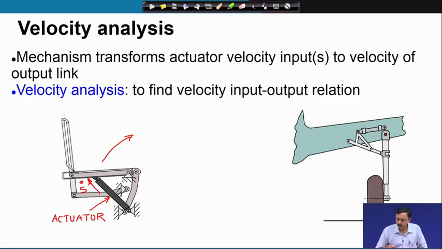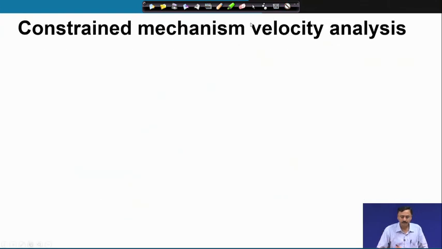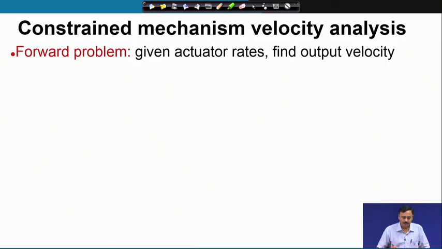If I want to know at what rate this hydraulic actuator must expand, so that I have a certain rate of retraction of the wheel. So, for constraint mechanisms, we are going to look at the velocity analysis problem. We are going to start with constraint mechanisms.